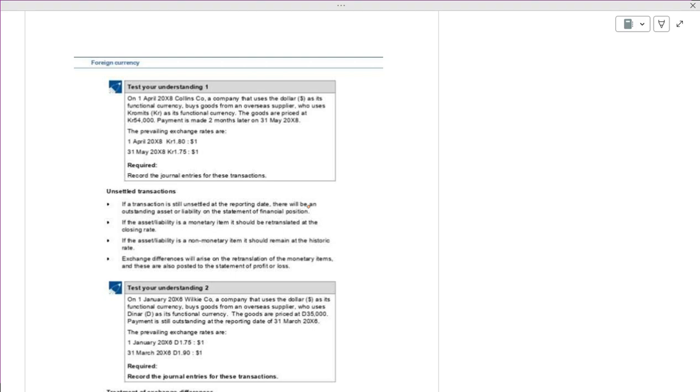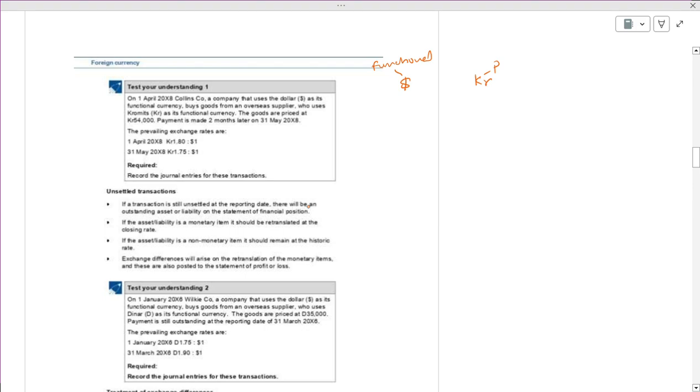Now they are giving a small question. Nothing much, think over it. A company uses the dollar as its functional currency. You have the dollar, and you have the krona, which is the presentation currency.